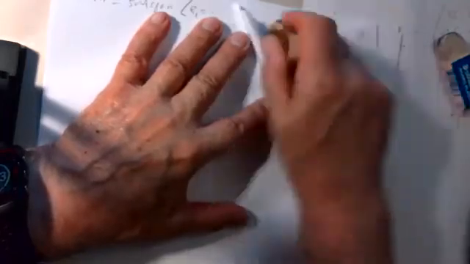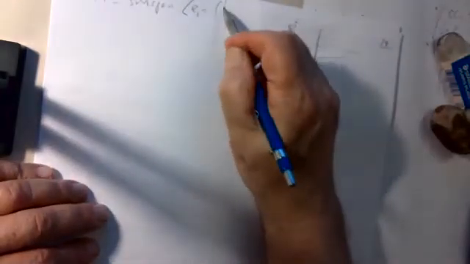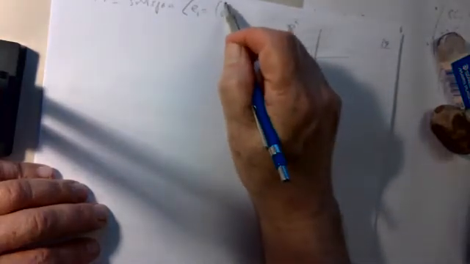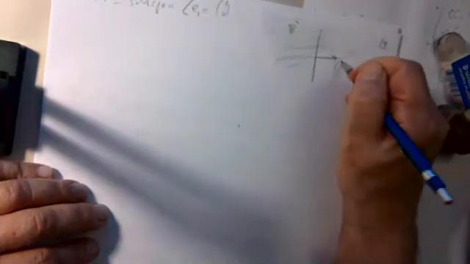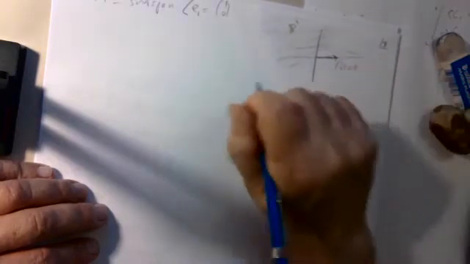I'm in R2. So I'm just looking at the plane, the XY plane, R2. And the vector 1, 0, that's just the unit vector in the X direction. That's E1.